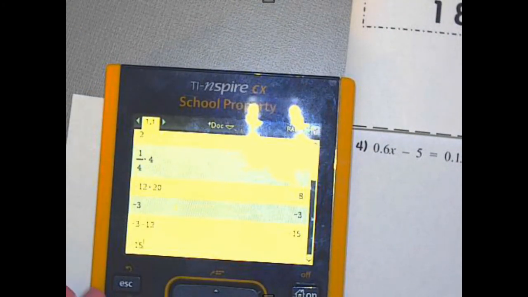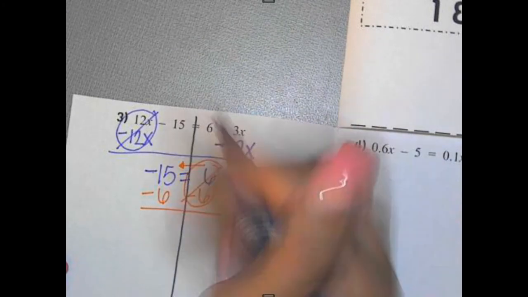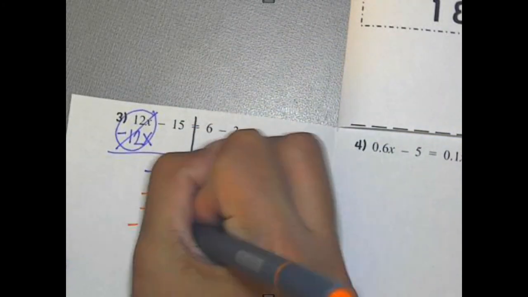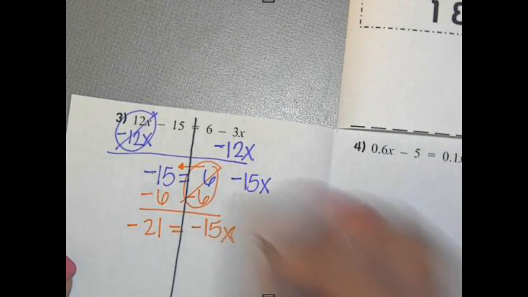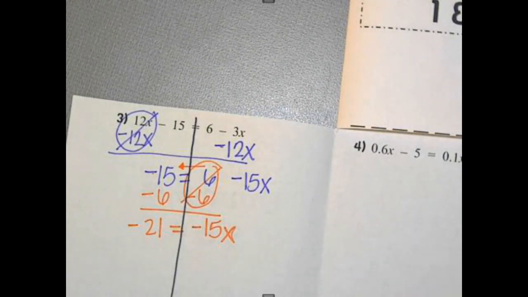Negative 15 minus 6. Negative 21 equals, and I still have this negative 15x on the right side.